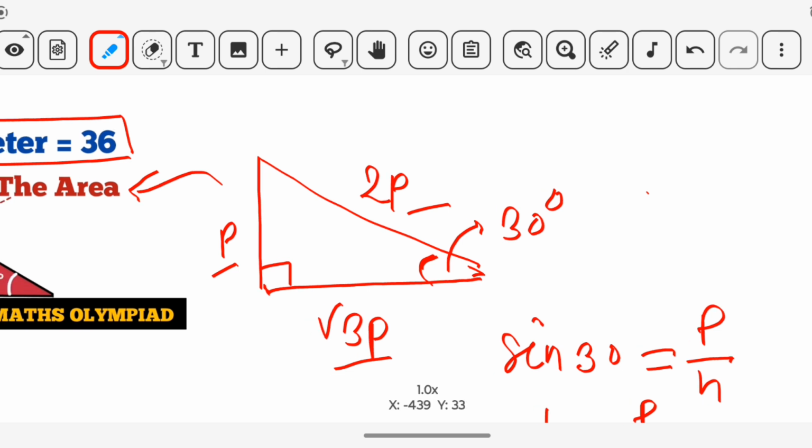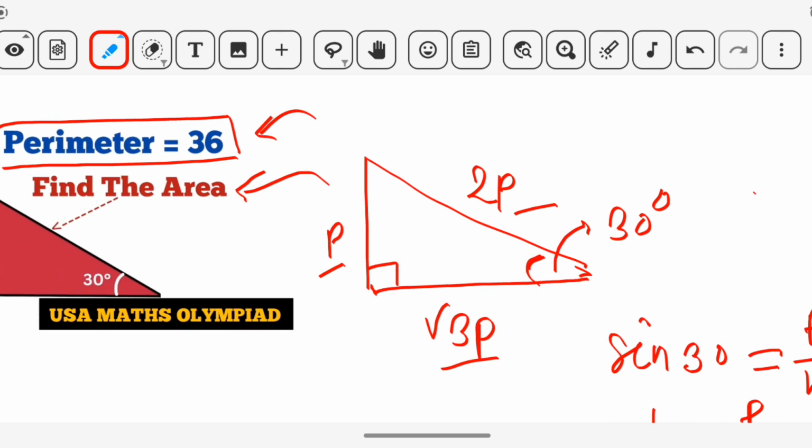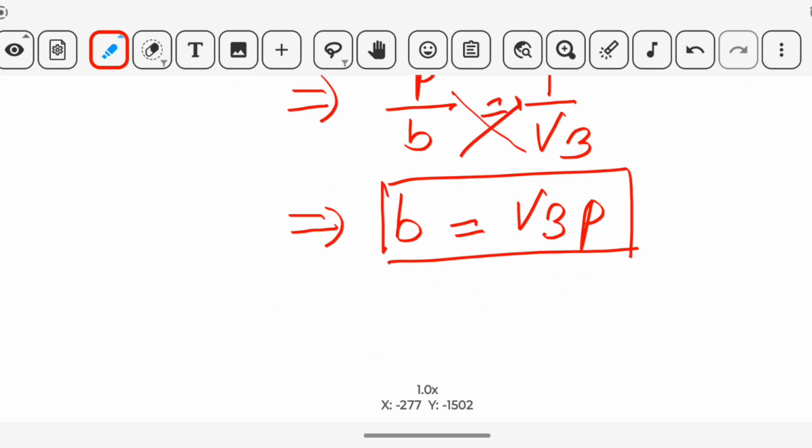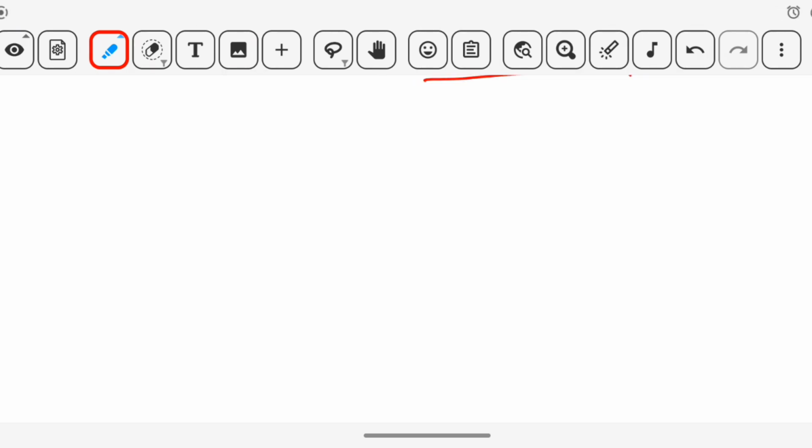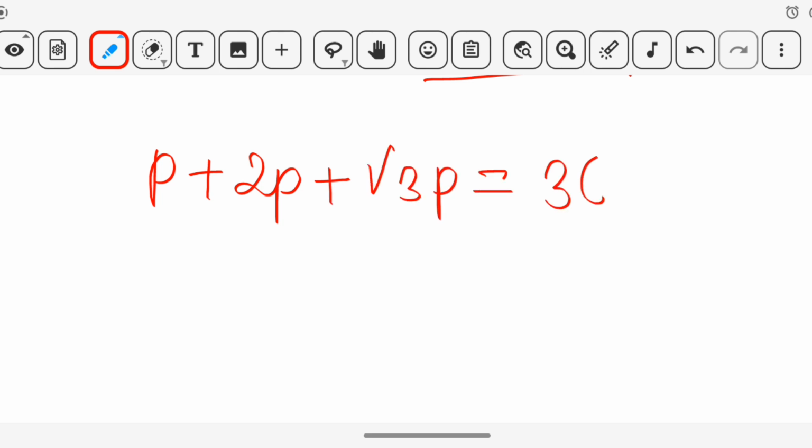Easy. And we know the result of the perimeter is 36 unit. So P plus 2P plus root 3P equals 36. Here we can write P plus 2P plus root 3P, that is the perimeter, is 36.